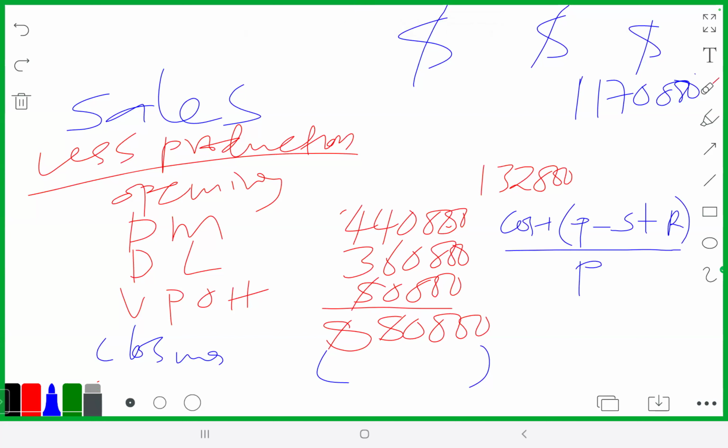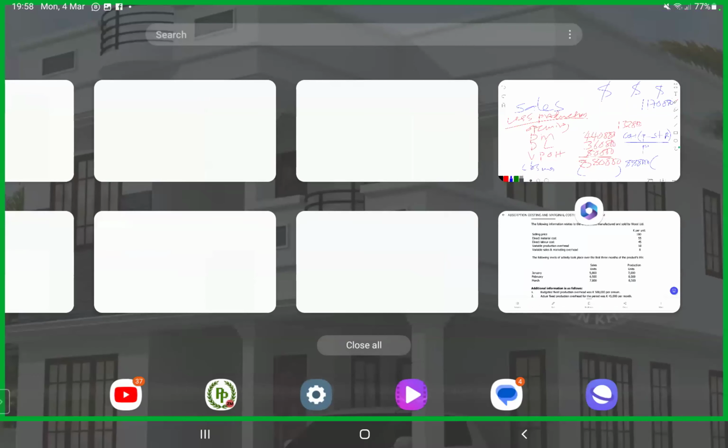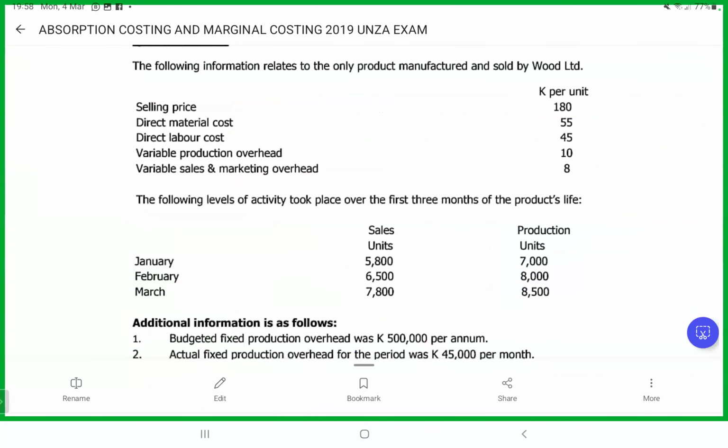So the cost is 880,000 multiplied by, let's go back to the units that were produced. For February, it was 8,000. 8,000 minus 6,500, what do we get? That should be 1,500. Plus the units that were not sold in January.